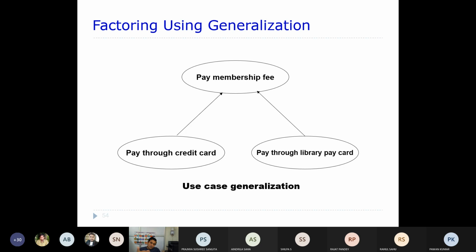It is the same thing: as part of use cases we see the same inheritance concept. That is the generalization here. You have a pay membership fee use case, and the smaller use case, pay through credit card, is a kind of derived use case of this particular use case. This is what we call generalization. Is it clear so far? Generalization.